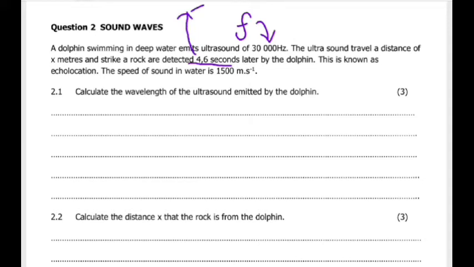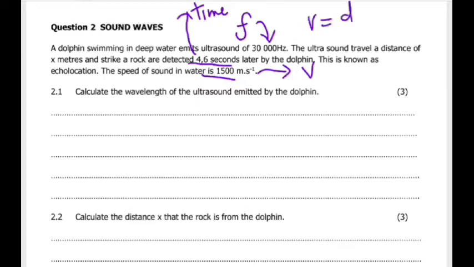So we are being told something about the time. This is known as echolocation. The speed in the water, v. Calculate the wavelength emitted by the dolphin.